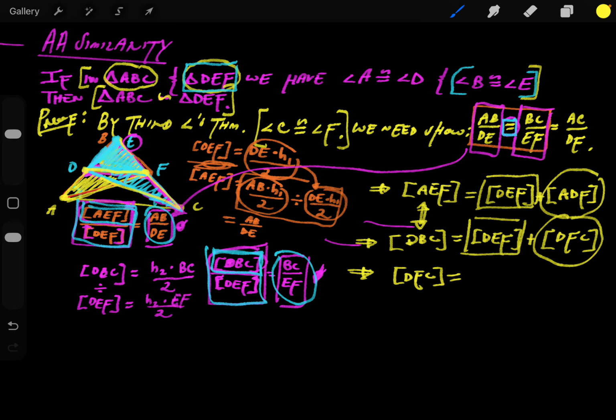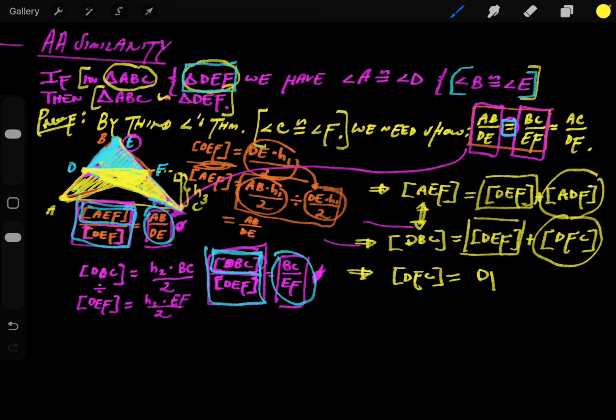If we look at this, we should see that DF times this height right here, and let's call this H3, divided by 2 is the area of DFC. DF times H3 over 2 is DFC.